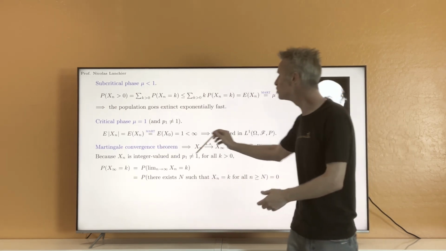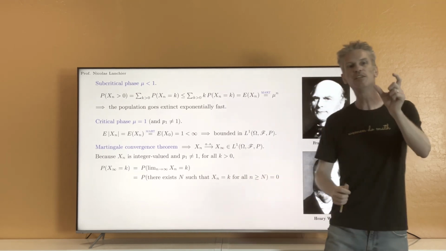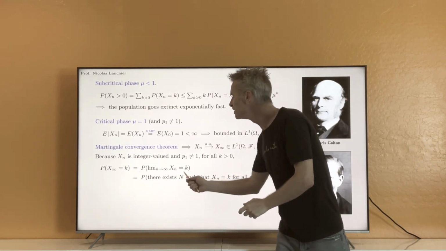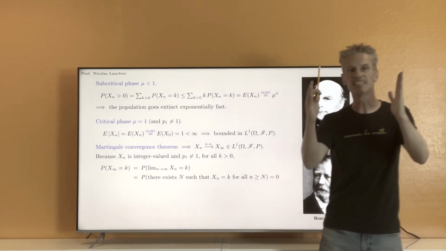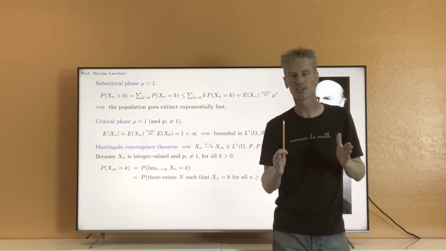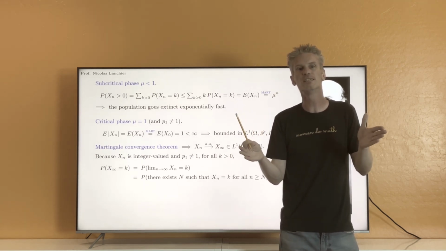But if you take epsilon equals 1/2, for instance, Xn is an integer and k is an integer, and saying that the distance between two integers is less than 1/2 means that those two integers must be equal.